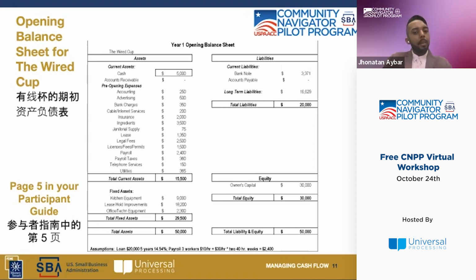If I were Bob's lender, a potential business partner, or a vendor, I will look at his open balance sheet and ask the following questions. Has he invested enough of his own money in his venture? Did he finance the business wisely?